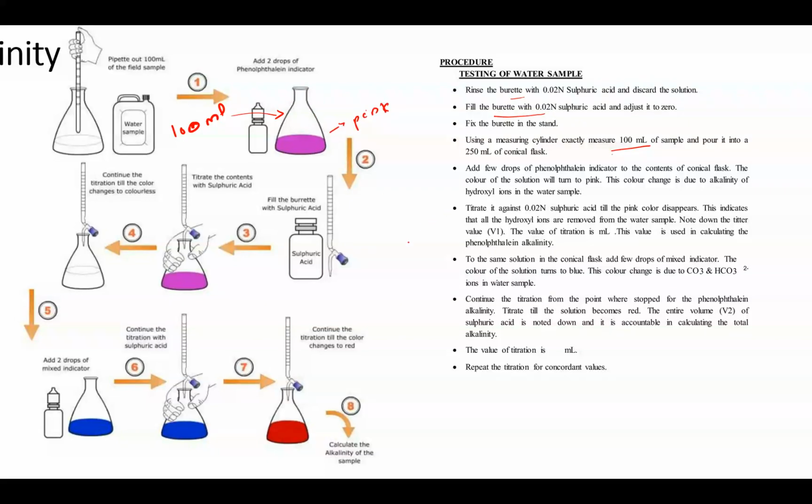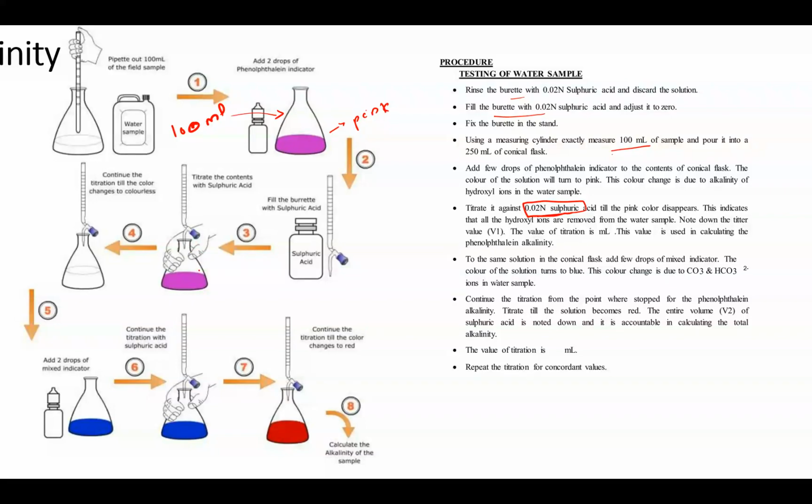Then you have to see when the color changes due to the alkalinity from hydroxyl ions in the water sample. For that you take the diluted 0.02 sulfuric acid and titrate the contents, adding the sulfuric acid drop by drop.